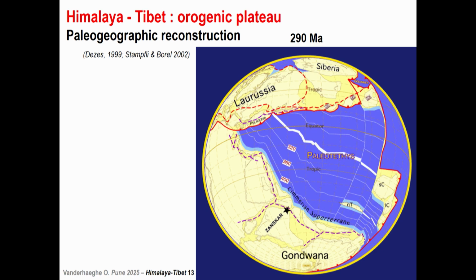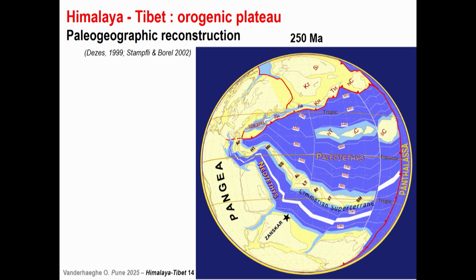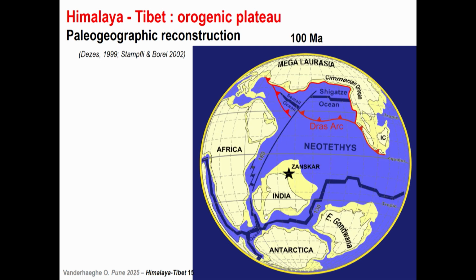That's the South China Craton and the Indonesian Craton. So terranes start to separate from Pangaea with the subduction of Paleotethys, opening Neotethys. Boom, that's it. It's been accreted.